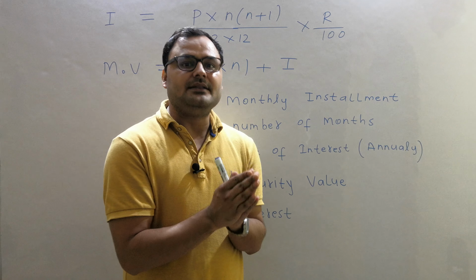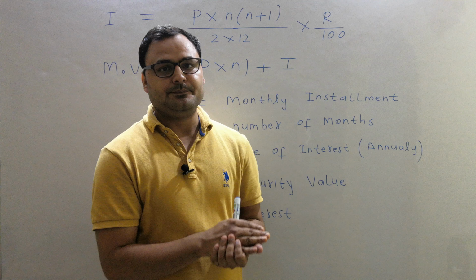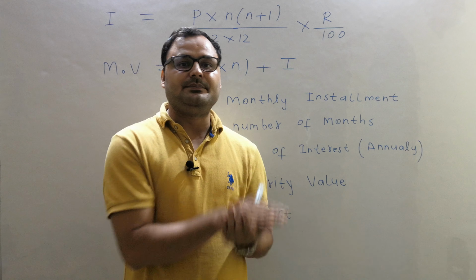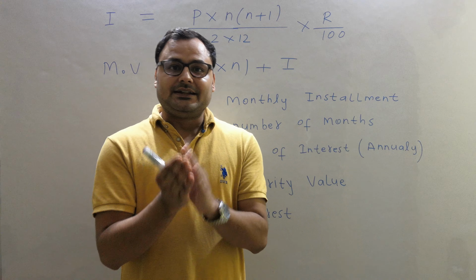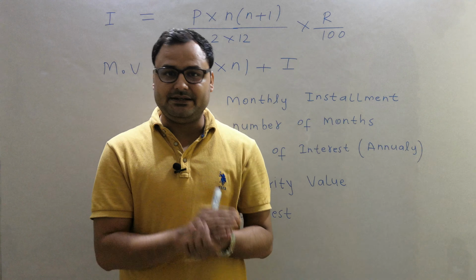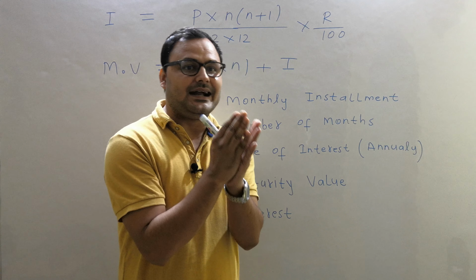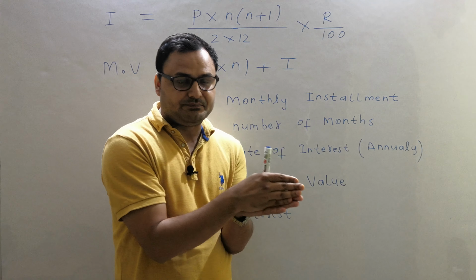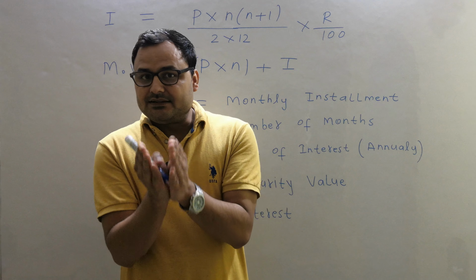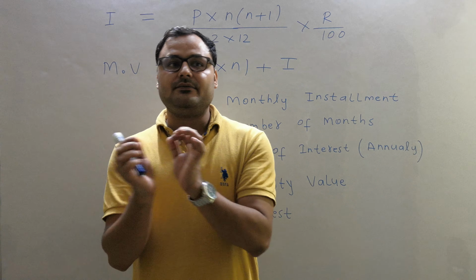Suppose you deposit for 2 years, then for this 2 years the bank will pay you some interest. So the amount that you have deposited plus the interest, this total we say maturity value.